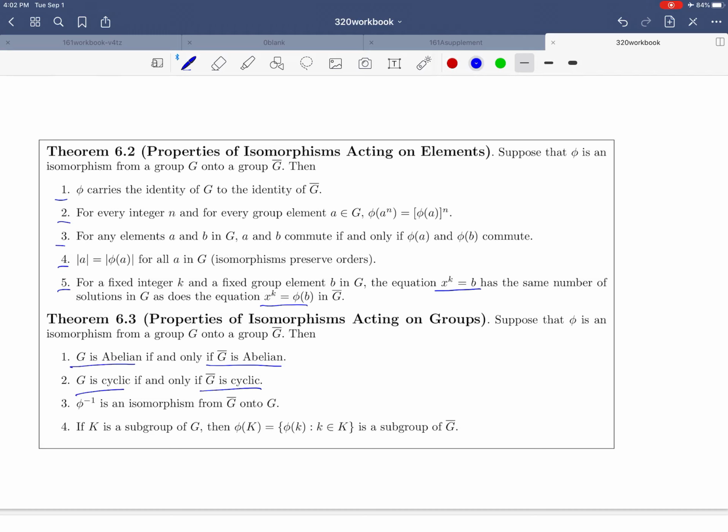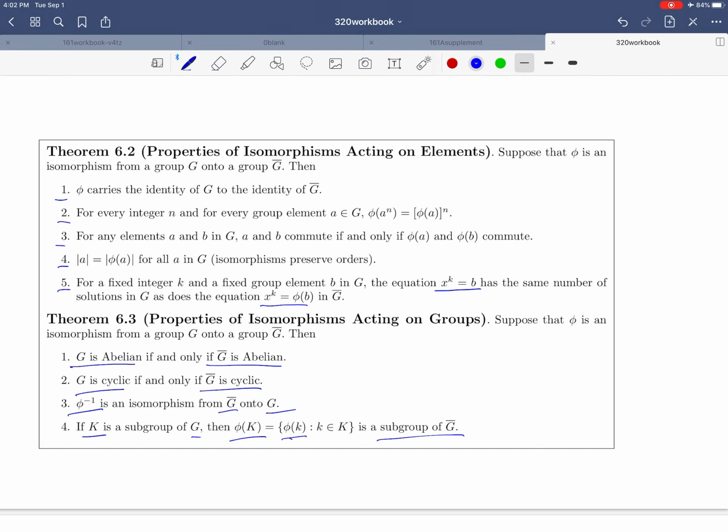And of course, if phi is an isomorphism from G to G bar, then phi inverse has to be an isomorphism from G bar to G. And then finally, if K is a subgroup of G, then when you're looking at the set phi of K, which has all the images of elements in our subgroup K, and you put all those together, then you get a subgroup of G bar. So phi takes subgroups to subgroups.